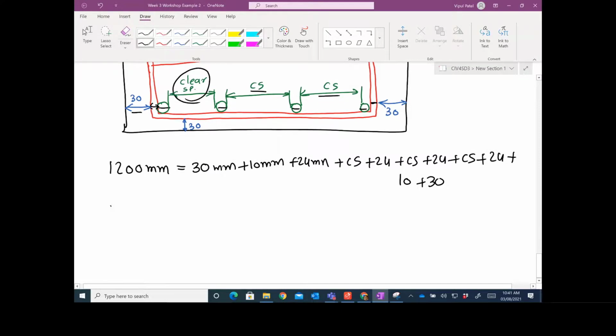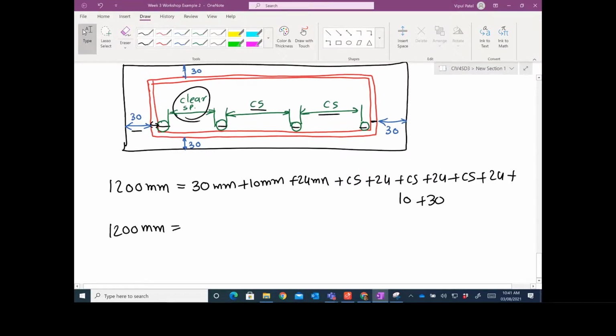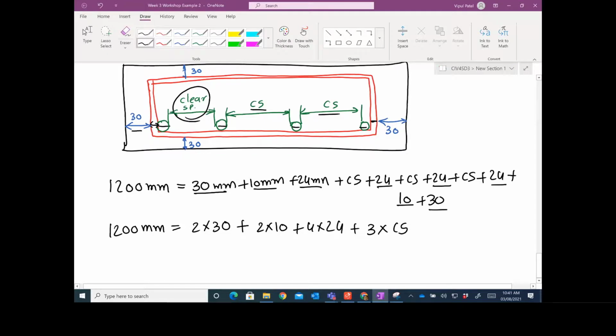So if you want to do it quickly, I would say you have 230 because on both sides, so 2 times 30 cover, plus you have these 2 times the stirrup 10, and then you have 4 bars, 4 times 24, and then 3 clear spacings.